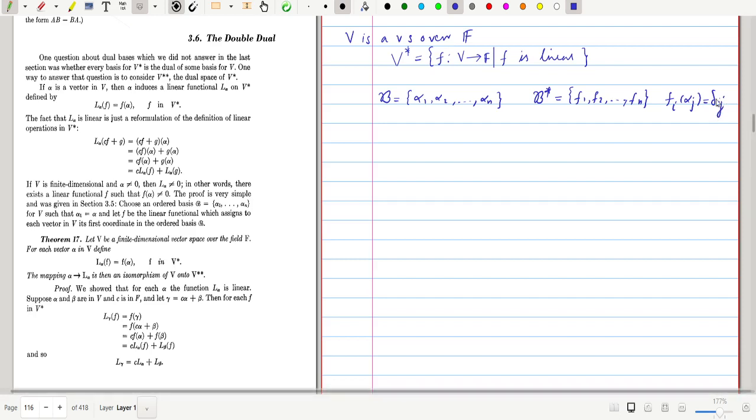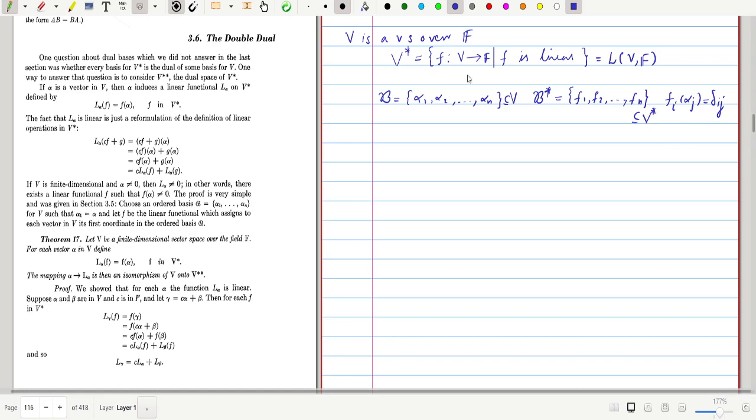So this is the definition of the dual basis. In our earlier notation, we can consider V star as L(V, F). Each basis of V gives a basis for V star such that fi of alpha j equals delta ij.